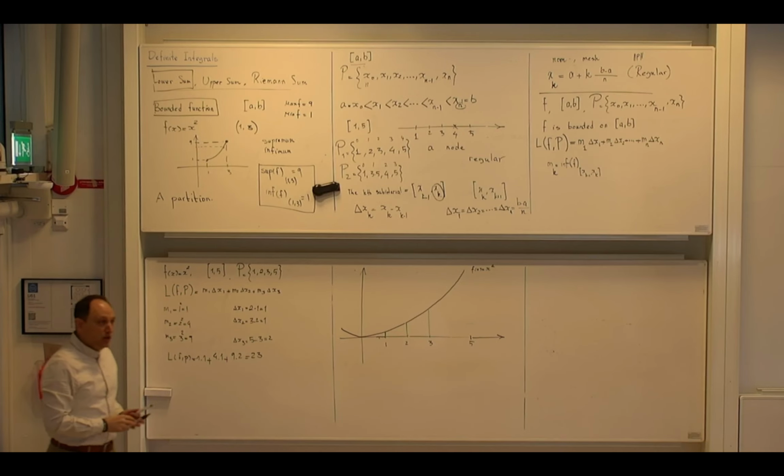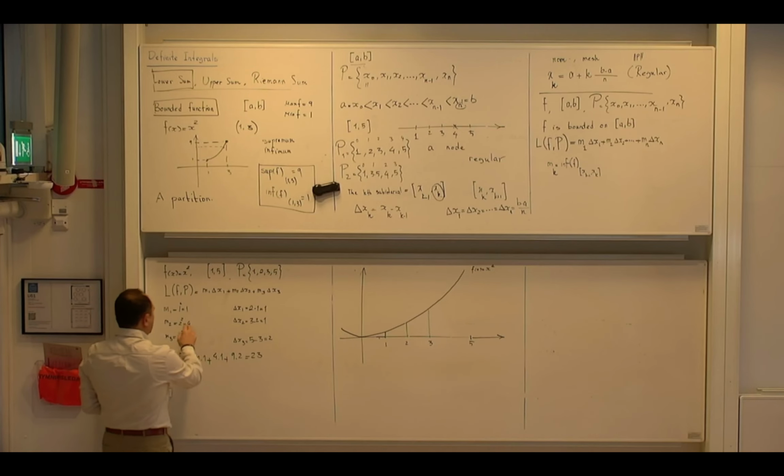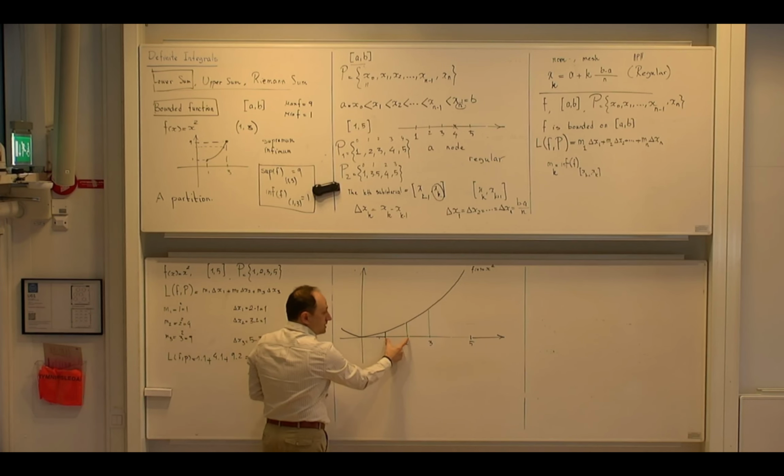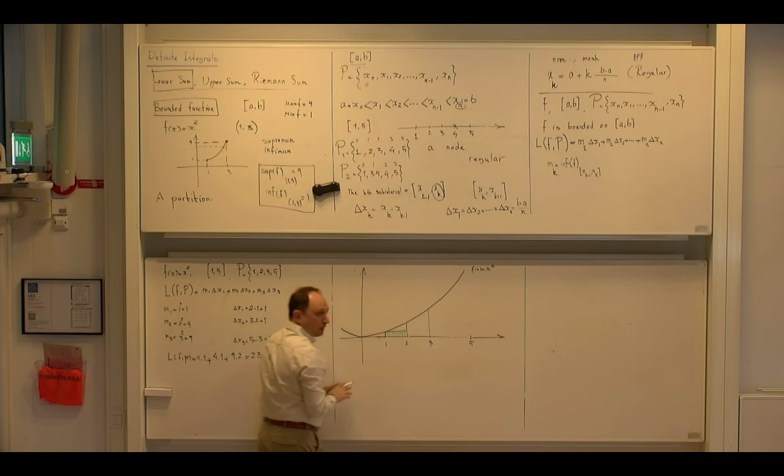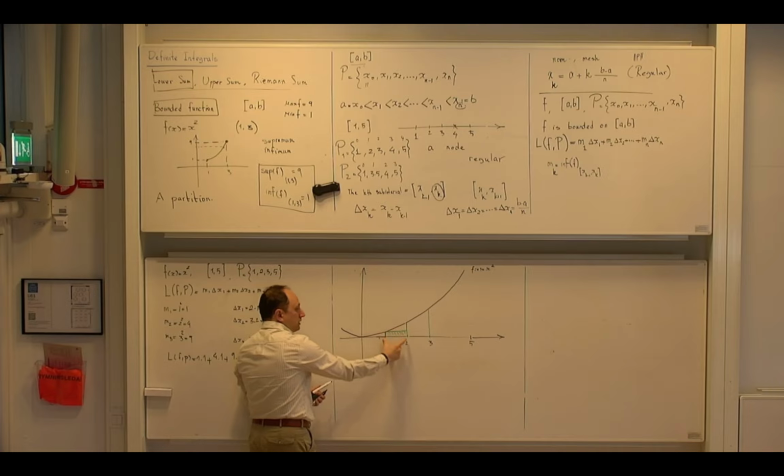But let us understand what we have done geometrically. Can you tell me what is the interpretation of M1 delta x1? Delta x1 is this length, M1 is this length. Do you agree? When I multiply this, it means that I am finding the area of this rectangle. Because this height is 1, this length is also 1.